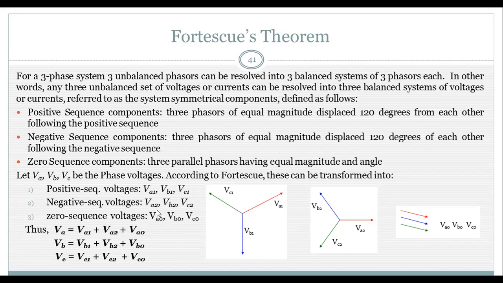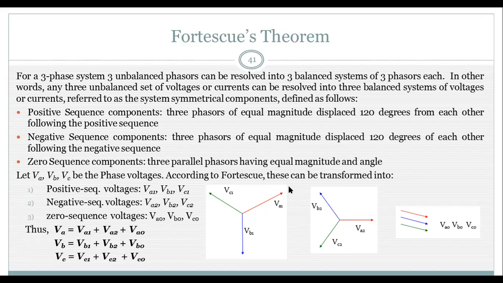Now the negative sequence symmetrical component: the magnitudes of all vectors are similar and the phase displacement is 120 degrees, but the phase sequence is opposite compared to the original system.